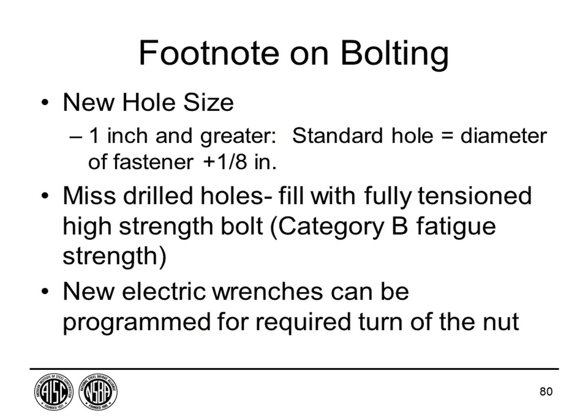A couple of footnotes on bolting. We have a new hole size requirement that's going through AASHTO right now. It's also, I think, going through AISC. For 1 inch and greater fasteners, the standard hole is now going to be the diameter of the fastener plus 1/8.